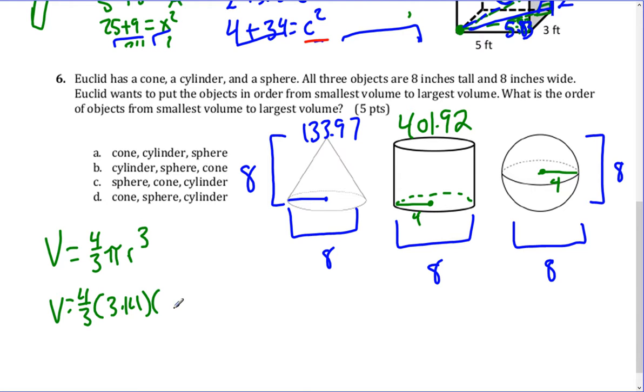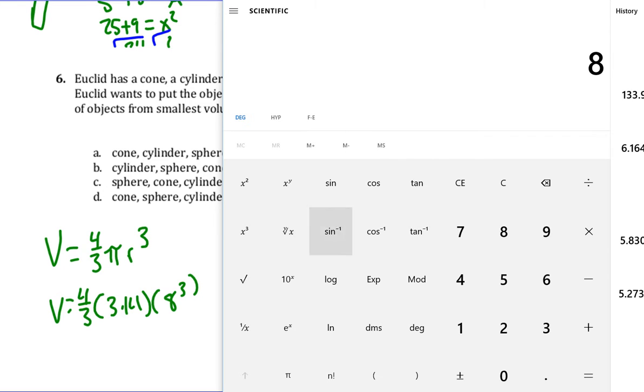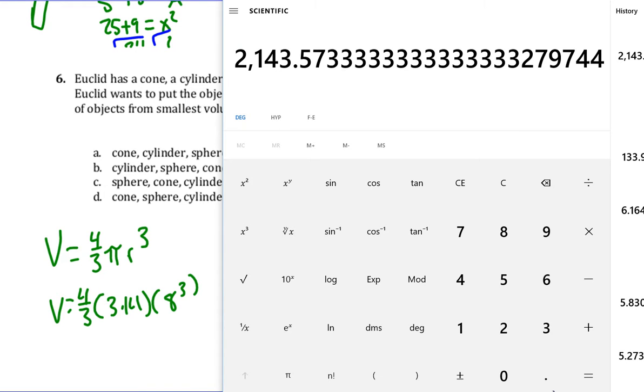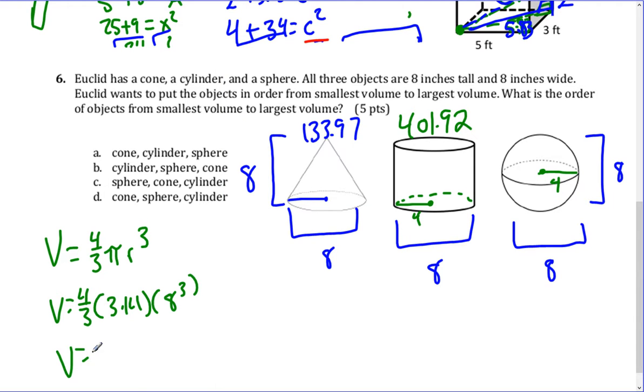On my calculator, I'm going to take 8 cubed first, which is 512, times 3.14 times, now I can't do 4/3 as a fraction on here, so I'm going to type it in as a decimal, 1.333333333, equals 2,143. Volume equals 2,143.